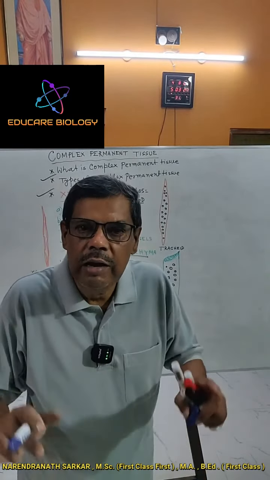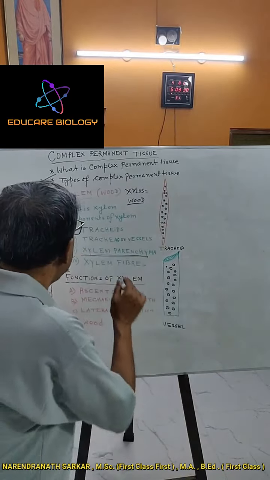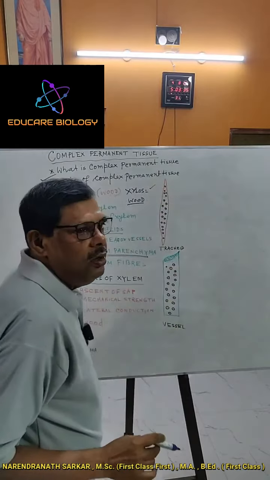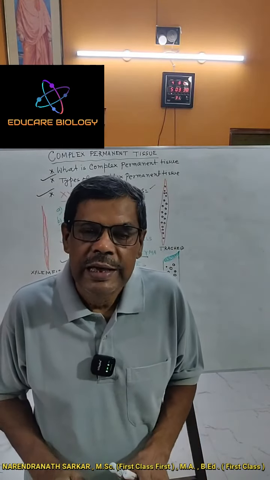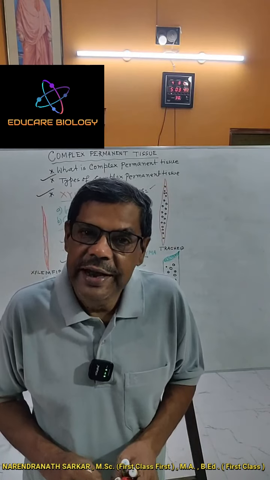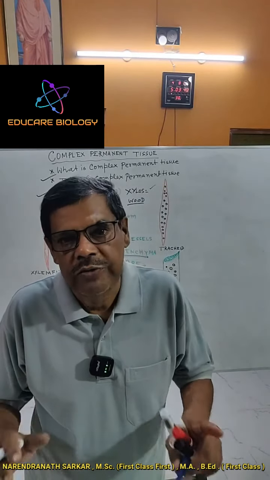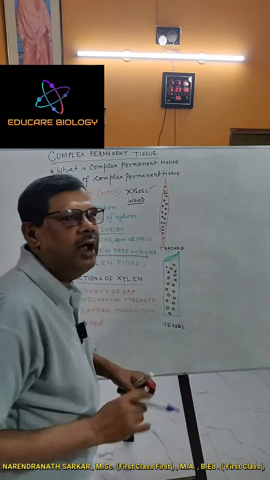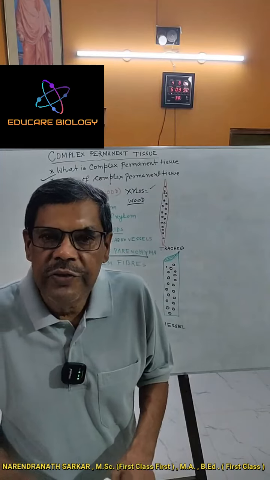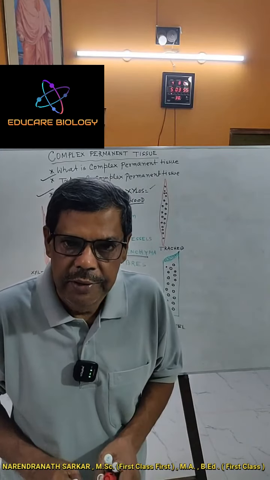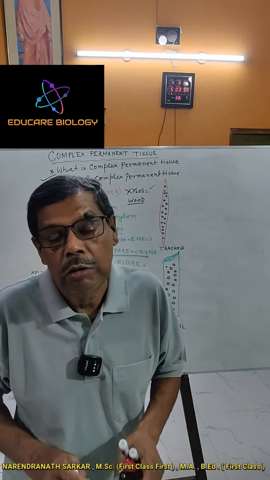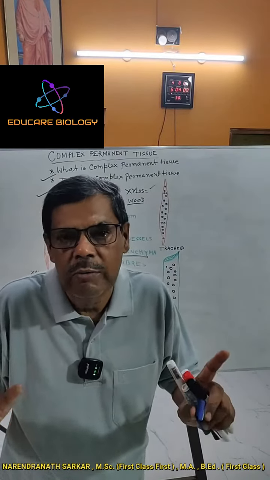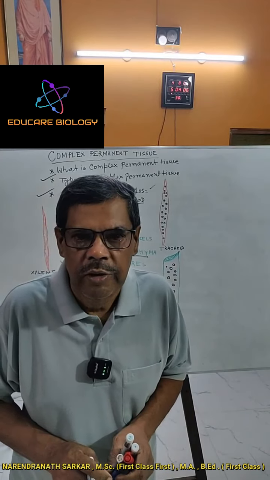First of all, I will discuss tracheids. Tracheids are lignified dead cells which are tapering at the ends. The cell walls are highly lignified. The lumen is not too wide.